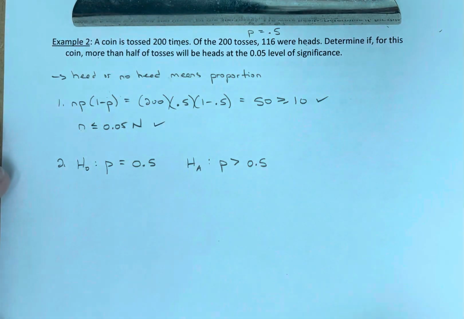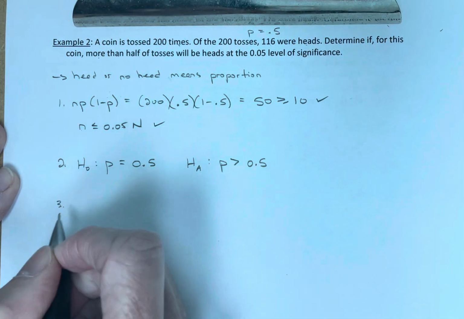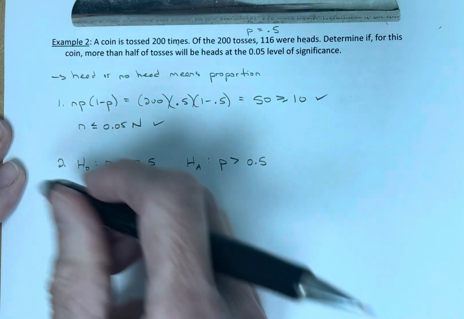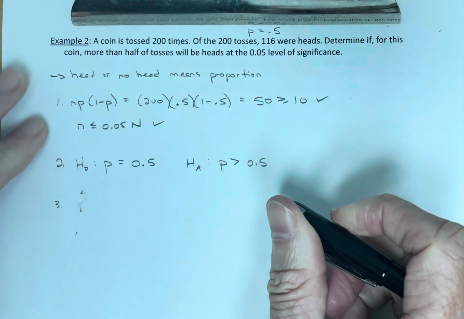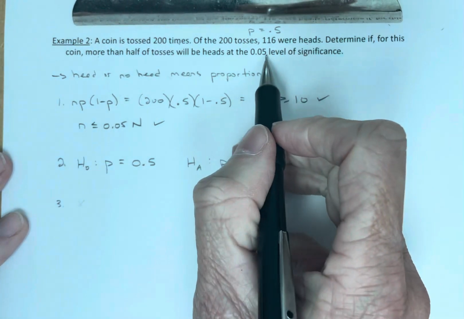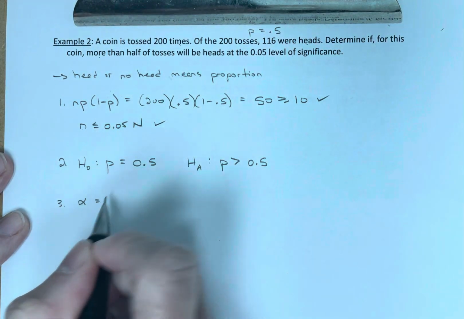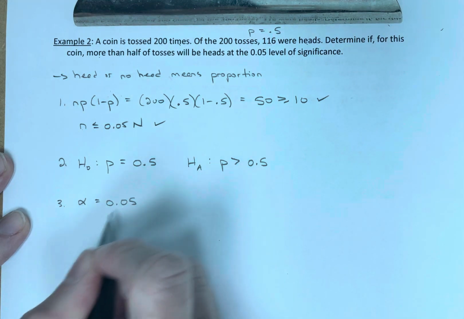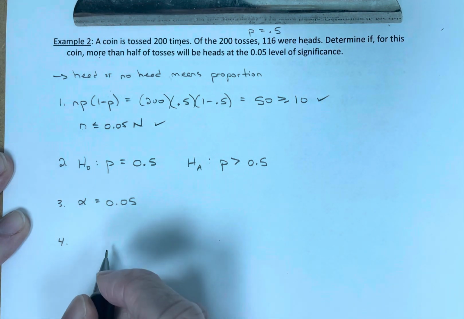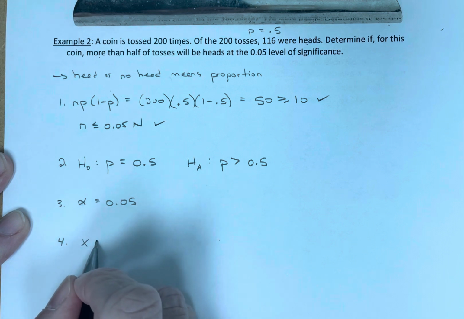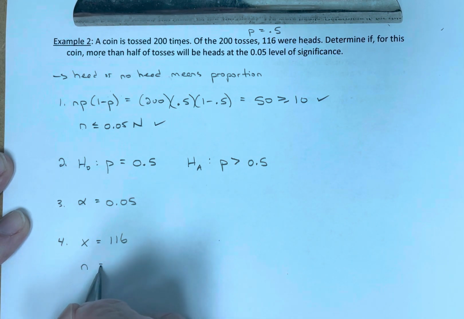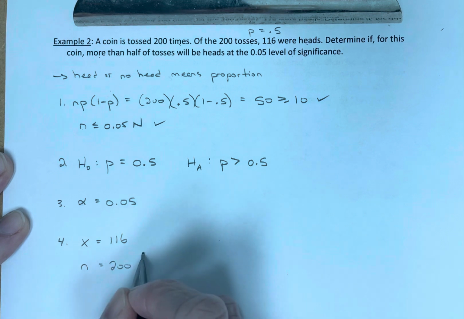Step 3, let's note that our level of significance alpha is 0.05. Step 4 is the StatCrunch step. We want to note that we had 116 successes and our sample size was 200.